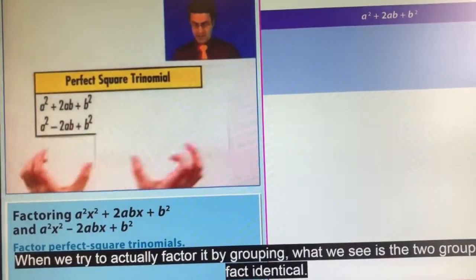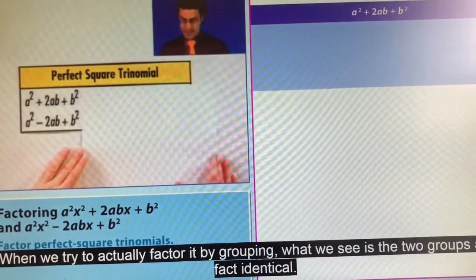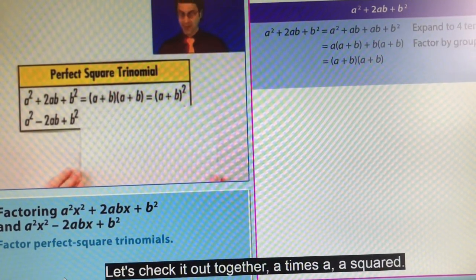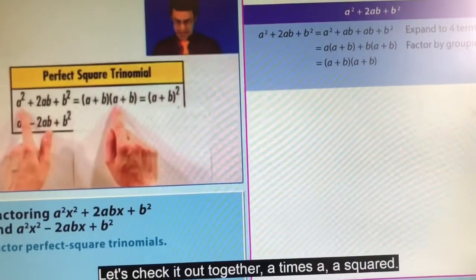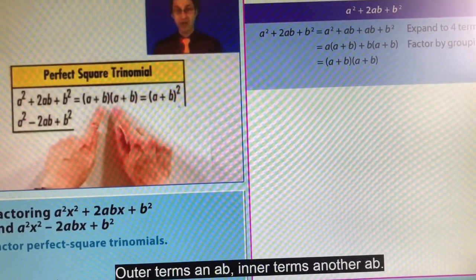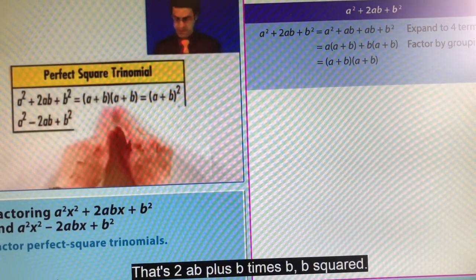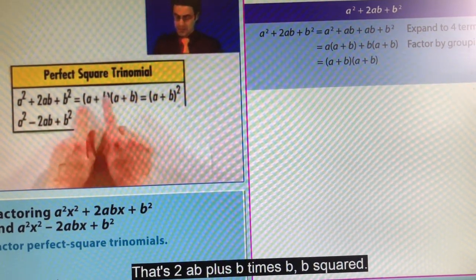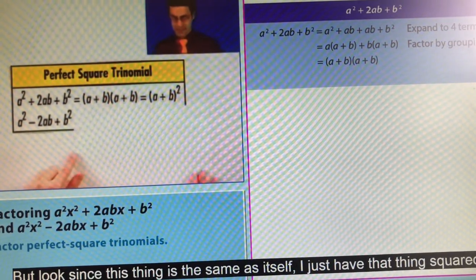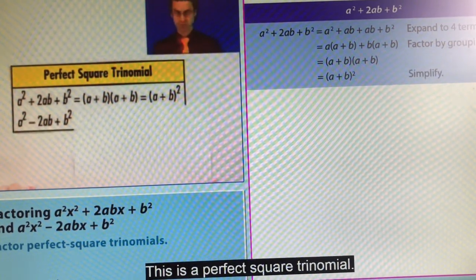Well, when we try to actually factor it by grouping, what we see is the two groups are in fact identical. Let's check it out together. A times a squared. Outer terms, an ab. Inner terms, another ab. That's 2ab plus b times b squared. But look, since this thing is the same as itself, I just have that thing squared. This is a perfect square trinomial.